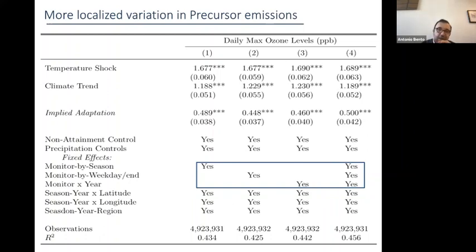So, for example, we know that there is a substantial different composition of the fleet that is on the road on weekday over weekend, in particular because of the emissions that come from freight transport. And you can see that when we played with a series of these fixed effects, again, I think for the most part, the results remain robust.